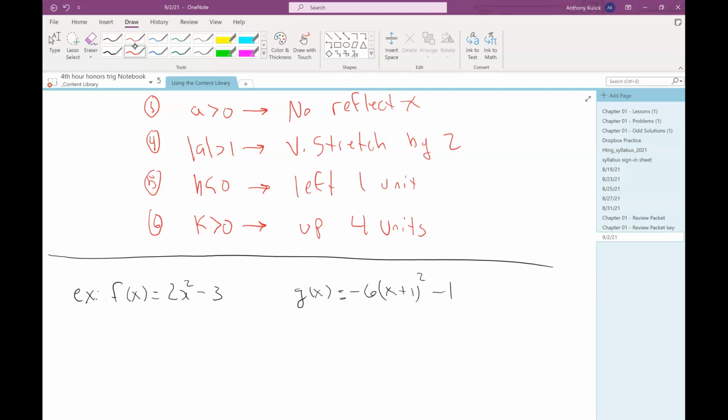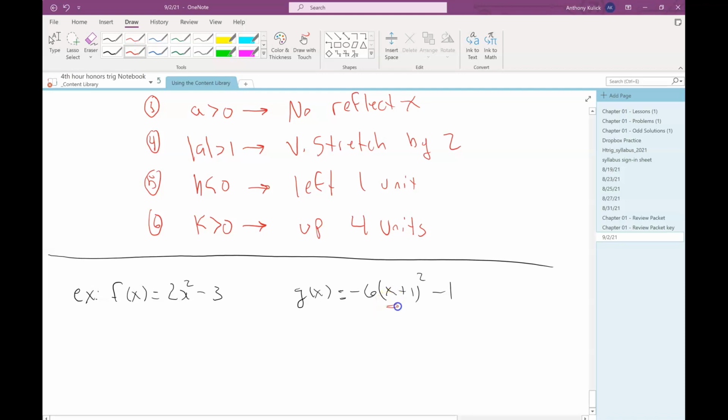So let me show you the systematic way in which I would go about approaching a problem like this. So I'm going to think about this as 6 sequential transformations, for the 6 transformations in order. So the first transformation in that order is reflecting across the y-axis. That occurs if the coefficient in front of the x is negative.